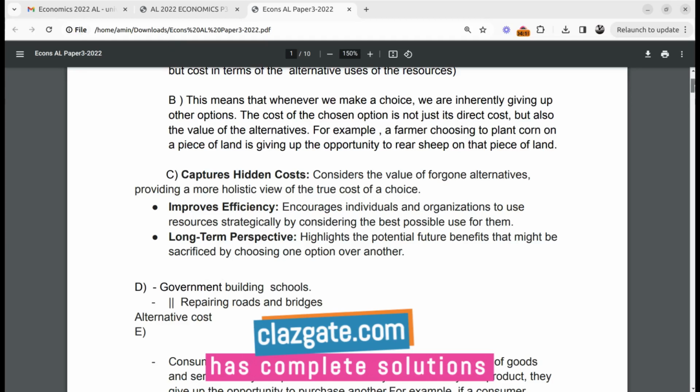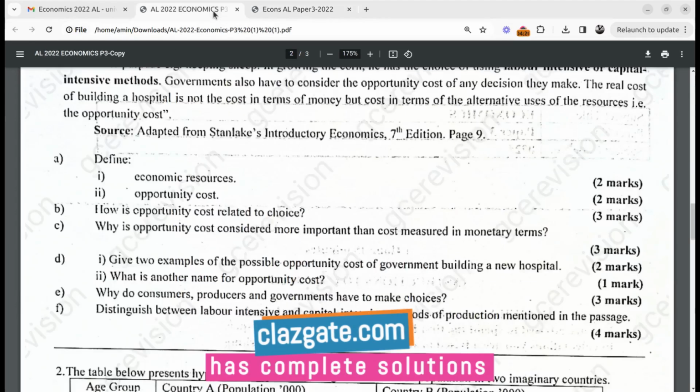Okay, question 1D, sub 1 is asking us to give 2 examples of the possible opportunity cost of a government building a new hospital.